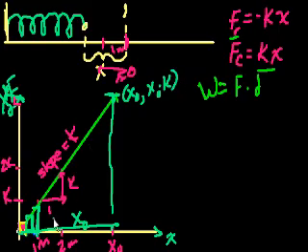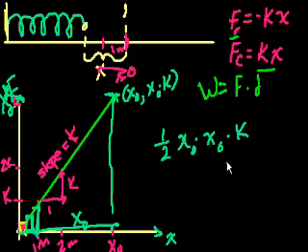And so the area under the curve, which is the total work I did to compress the spring x naught meters, is the base, x naught, times the height, x naught times k, and then of course multiply by 1/2 because we're dealing with a triangle. So that equals 1/2 k x naught squared.